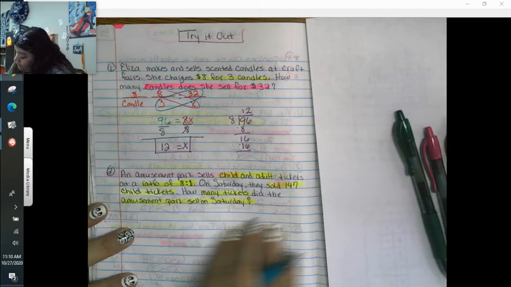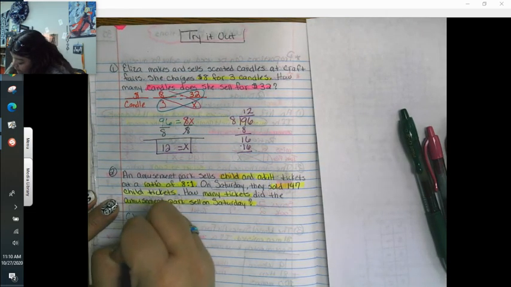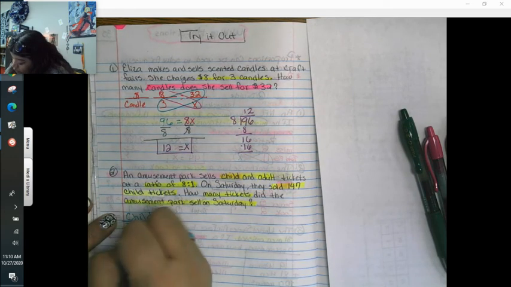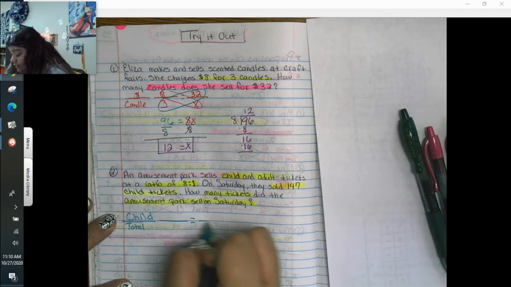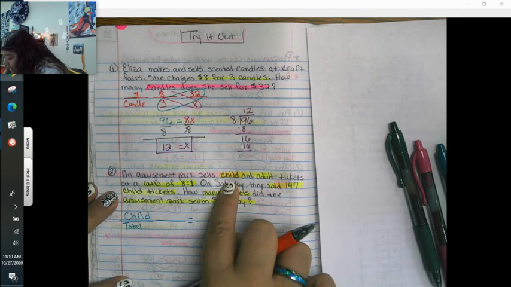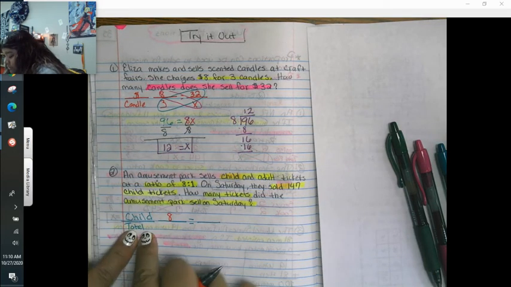So let's see. They want child tickets to total tickets. Okay, so I'm just going to put total there. So let's look at our initial ratio. Our initial ratio is child and adult. So the first number is the child, so I'm good there. The second one is the total.